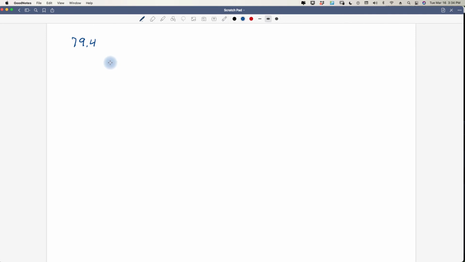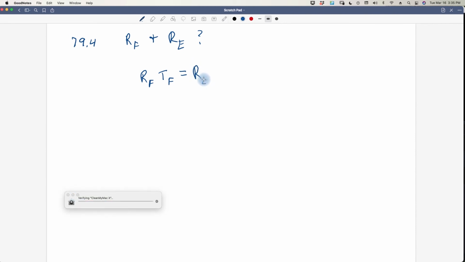All right, so let me see if I can shift here. We are given that we need to look for R sub F and R sub E. We don't know what those are. And we are given this equation that R sub F T sub F is equal to R sub E T sub E. My computer is doing something wonky.